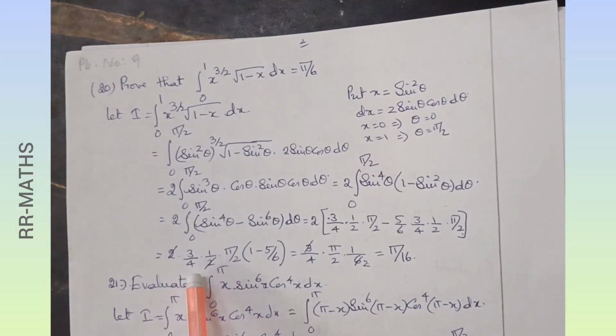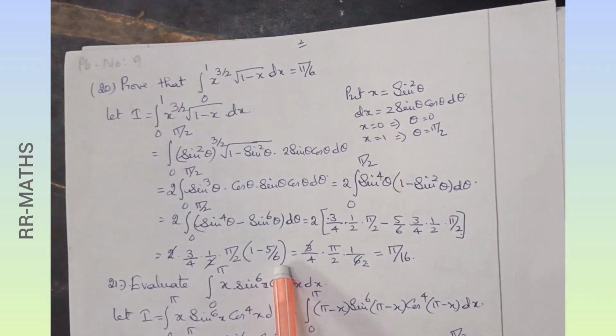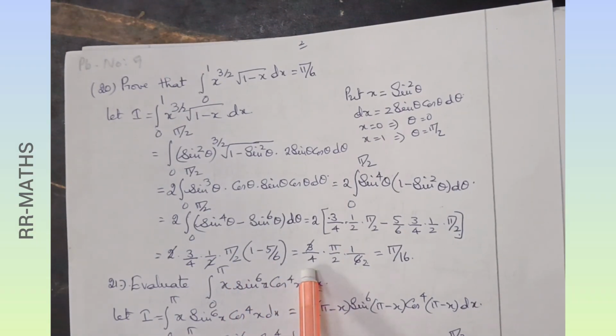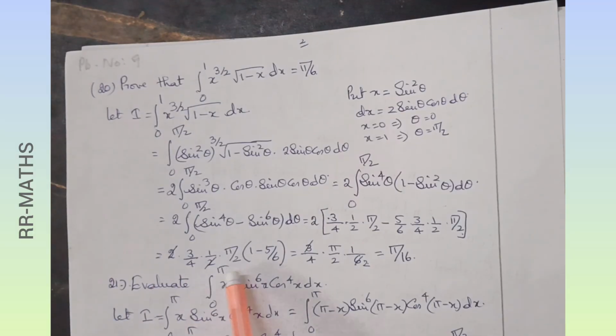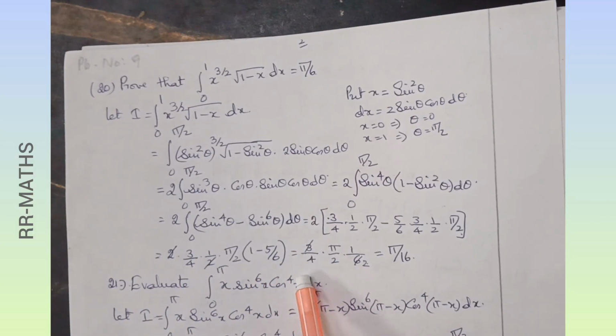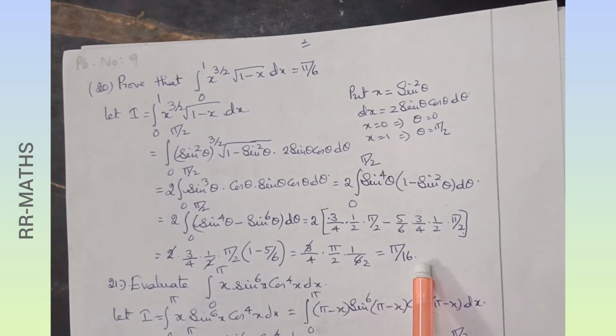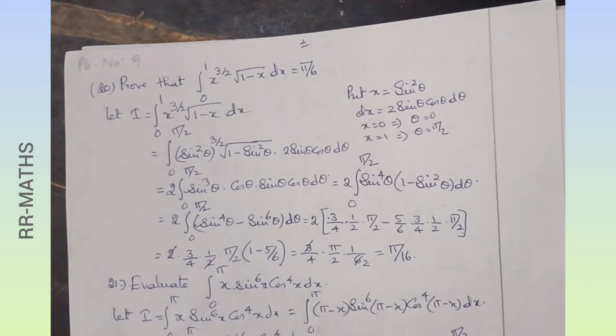So 2 into 3 by 4 into half into pi by 2 into (1 minus 5 by 6). And so the 2 gets cancelled. 1 minus 5 by 6 is 1 by 6, giving you 3 by 4 into pi by 2 into 1 by 6, and that simplifies to pi by 16, which you are asked to prove.